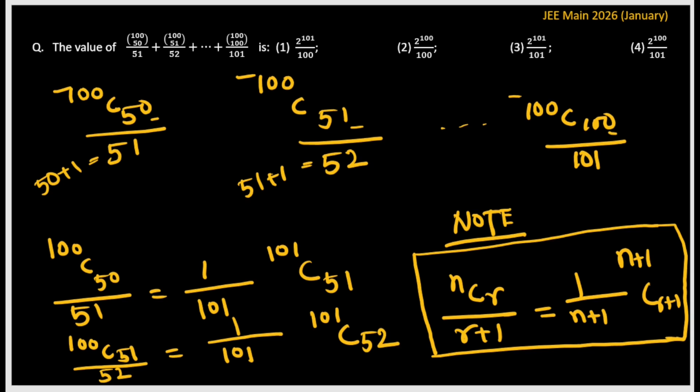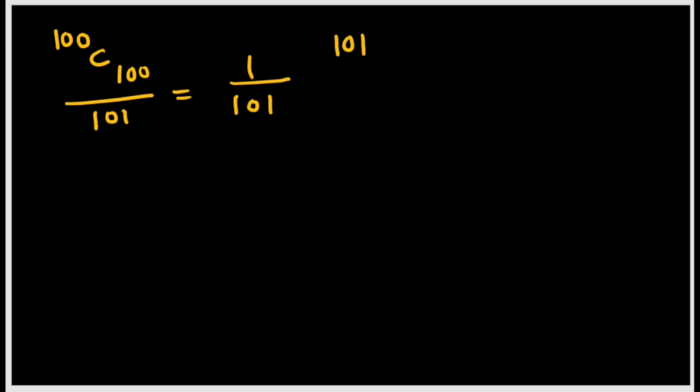The last term is 100 C100 over 101. That will convert to 1 over 101 times 101 C101.